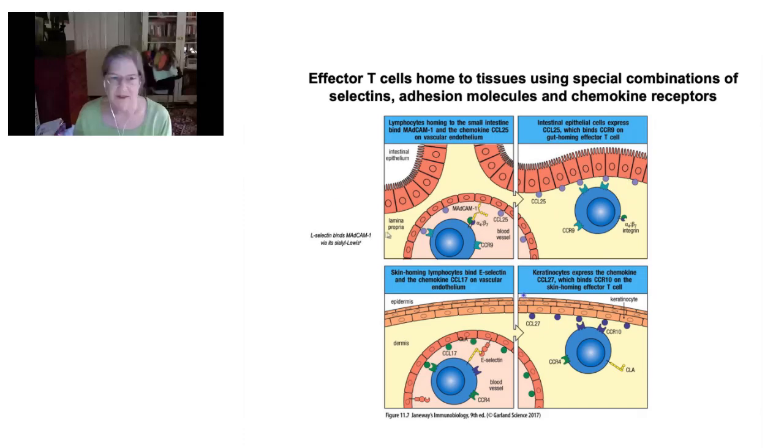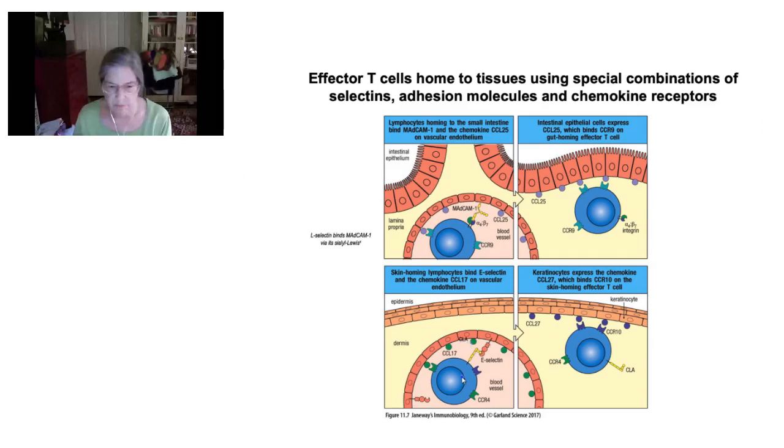That's in the gut. In the skin, you can have the exact same thing happening, but now instead of the selectin here, I don't know, it's L-selectin or whatever, in this case the selectin is actually E-selectin that binds to this carbohydrate called CLA that's on a particular protein.